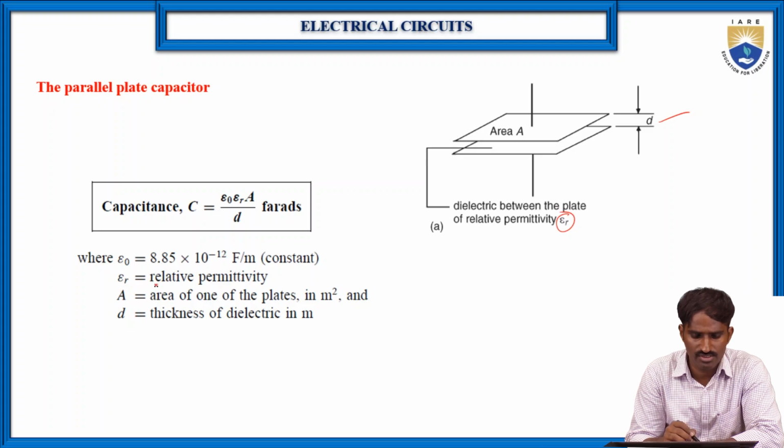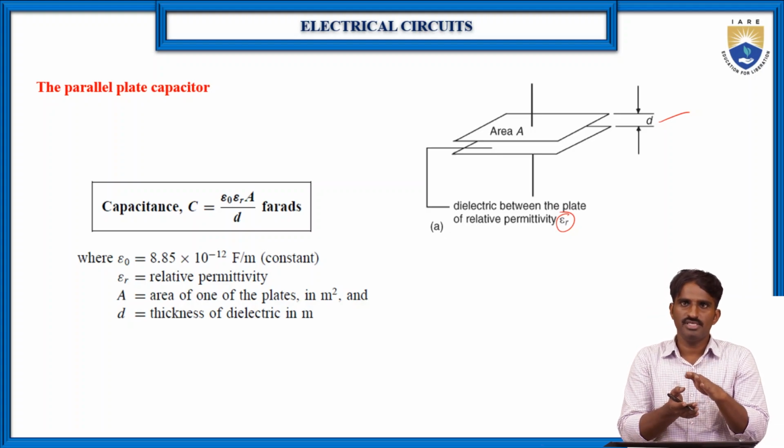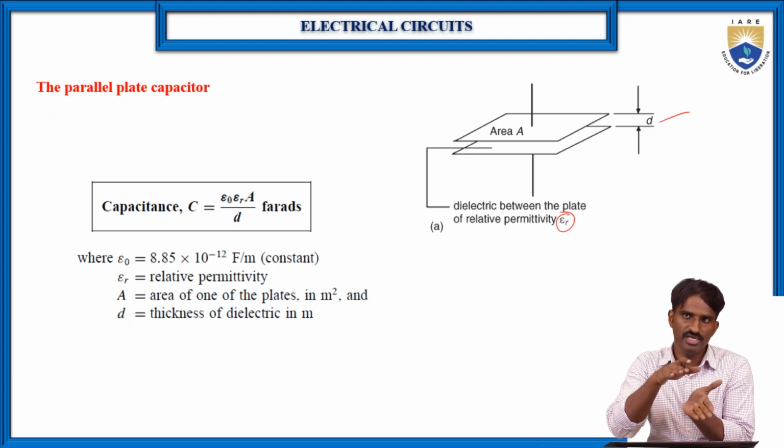Then epsilon R is equal to the relative permittivity. A is the area of one plate in meter square, and D is the thickness of the dielectric material in meters. Which means the thickness we can also call the distance between the two plates, because the two plates are separated by the dielectric material, right?